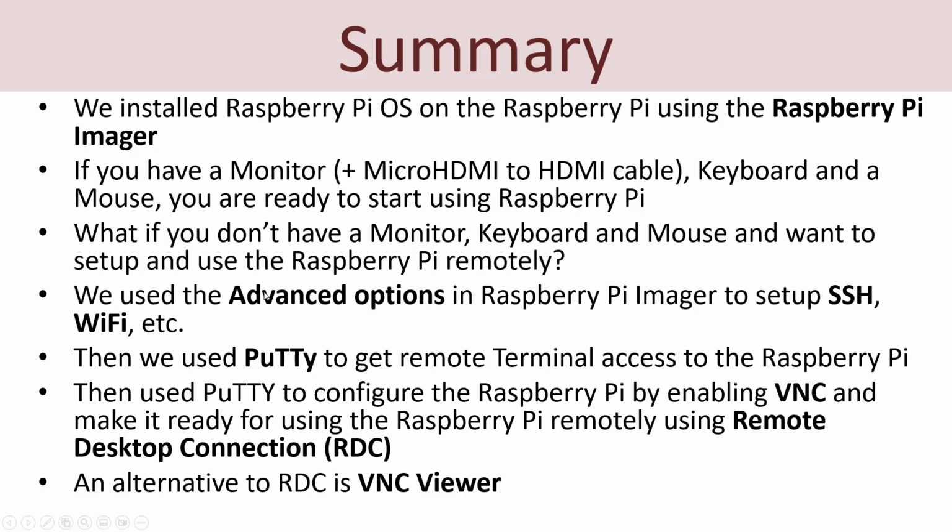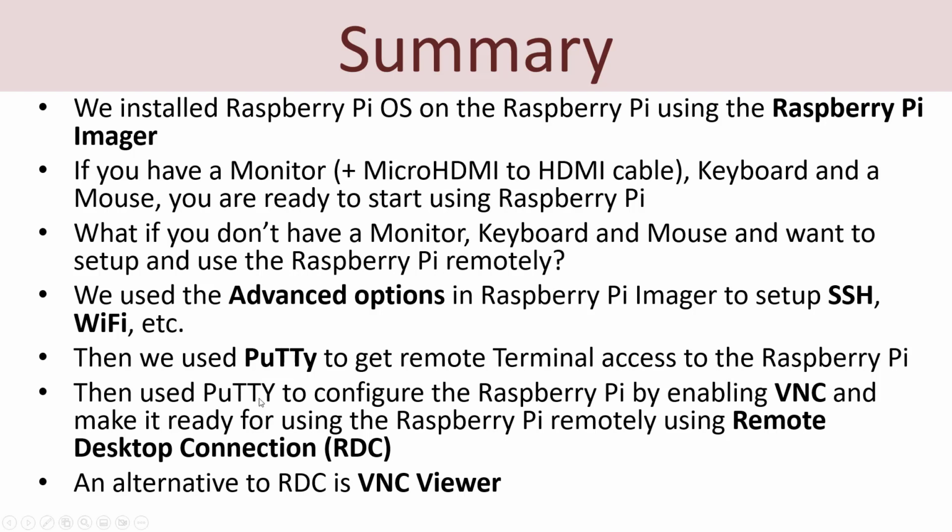So then we use the advanced options in the Raspberry Pi imager to set up SSH and Wi-Fi, etc. Then it was installing and using the PuTTy software to get remote access to the terminal on the Raspberry Pi.